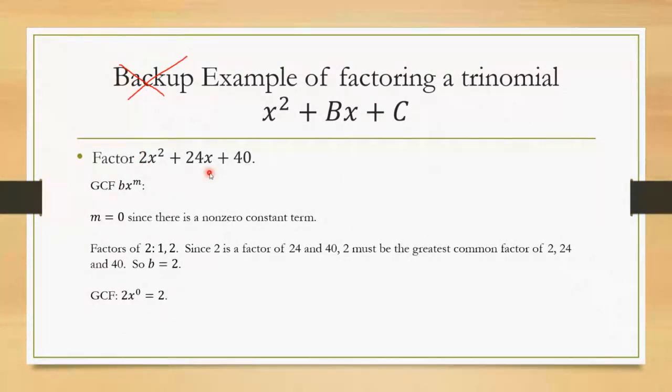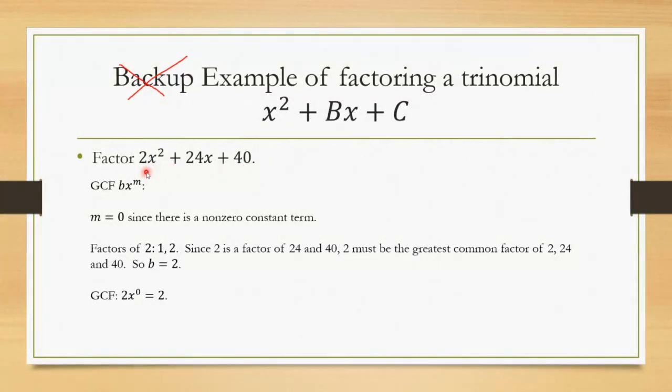Right away, you should be able to see what I have written here, that m has to be 0. In other words, the GCF is not going to have a variable because we have a non-zero constant term. Okay, and again, we're using that convention, that imprecise one, that x to the 0 is 1. But let's look at the coefficients and the constant term.